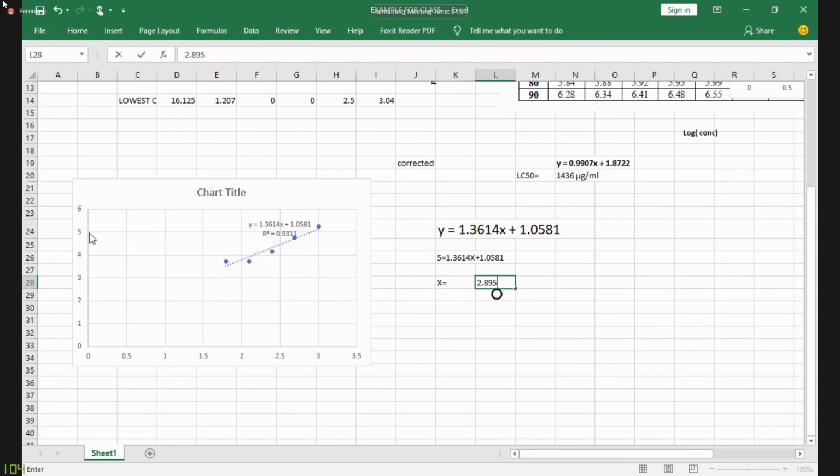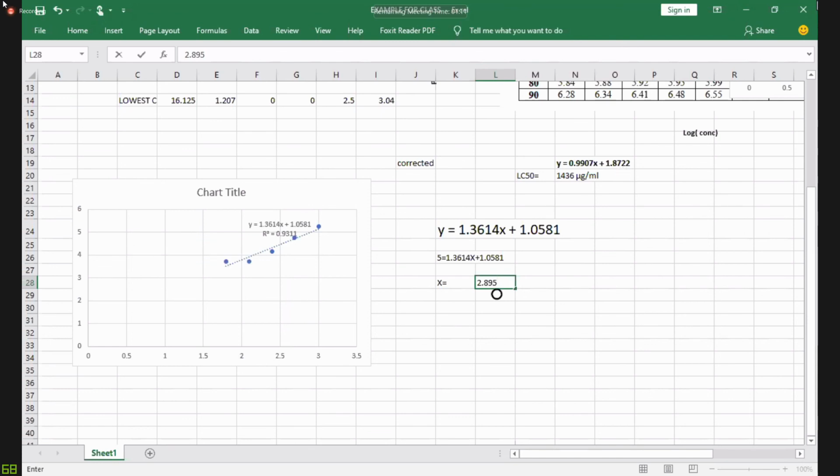This is x. So if the probit is 5, 50% of the mortality is equivalent to probit 5. So when we refer to the probit 5, we can simply add 5 here. So 5 is estimated around 2.89.